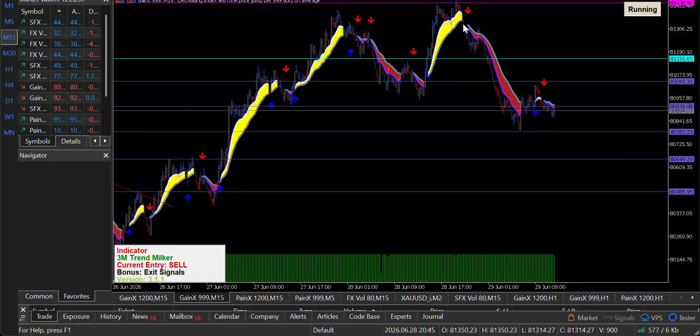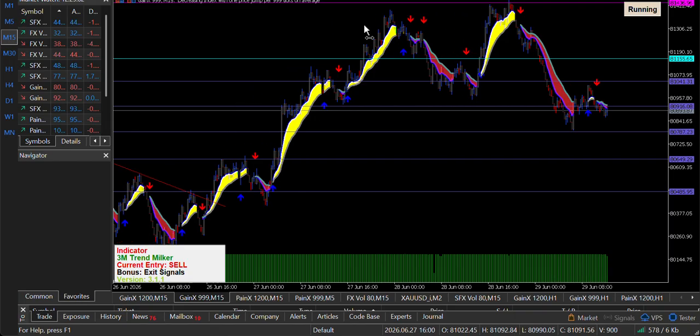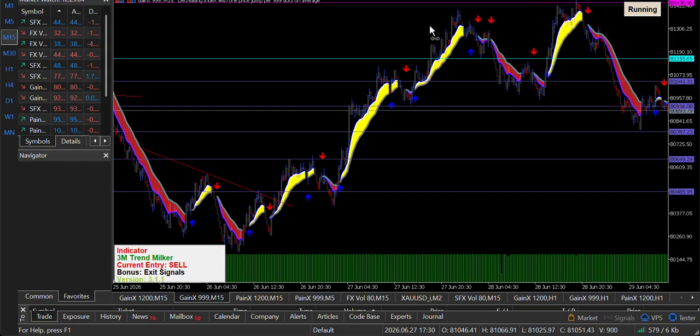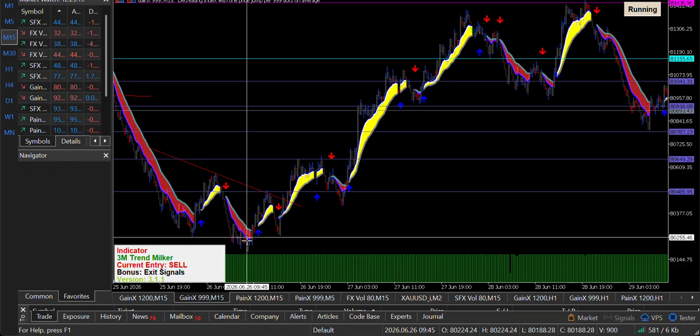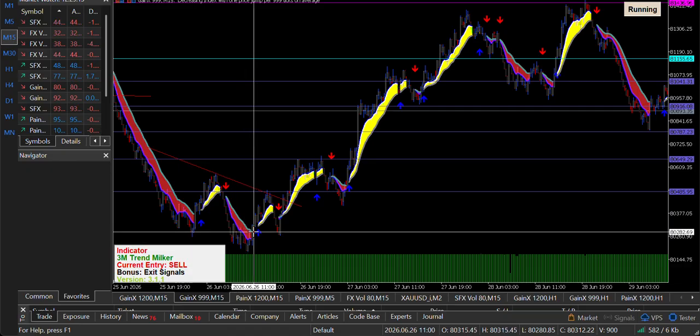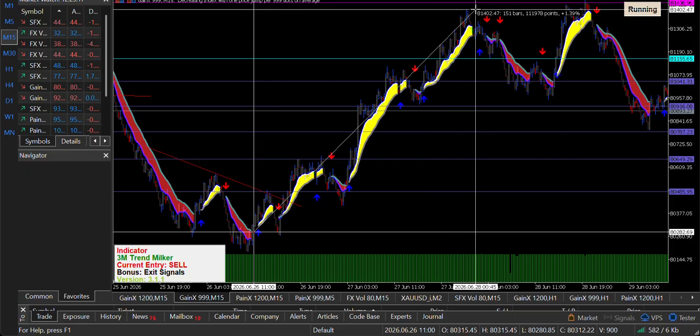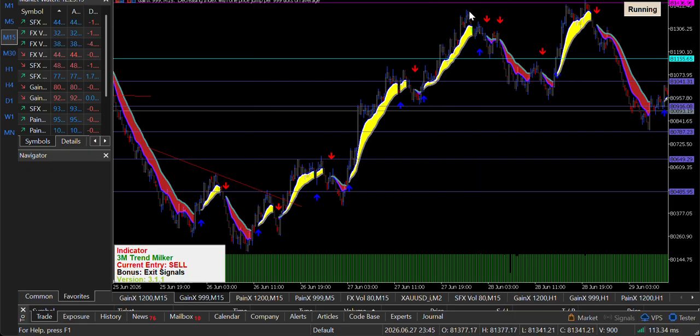However, before I came to the conclusion that this is going to sell, there are some things I must have seen. I'm going to go back in history a bit. I remember very well, about 4 days ago, we started milking this particular asset from this support zone to this very region. Right now it got to the resistance zone.